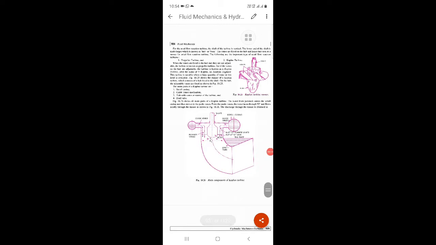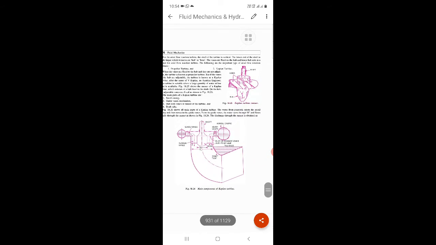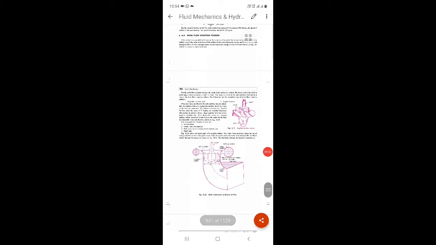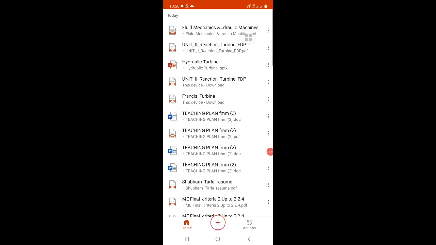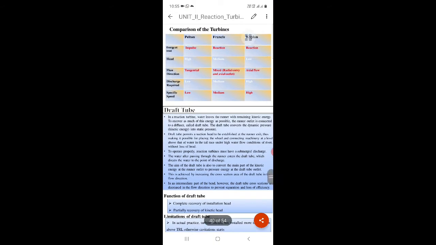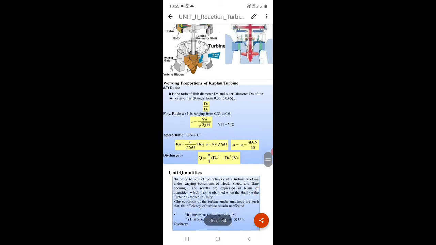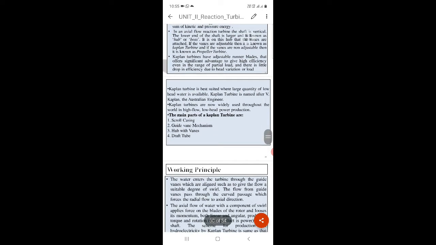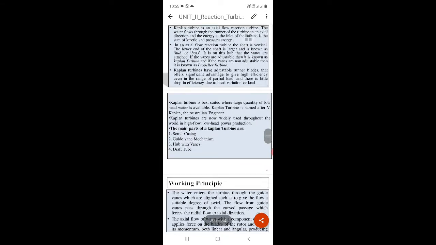The figure shows Kaplan turbine. Kaplan turbine is suited for low head.